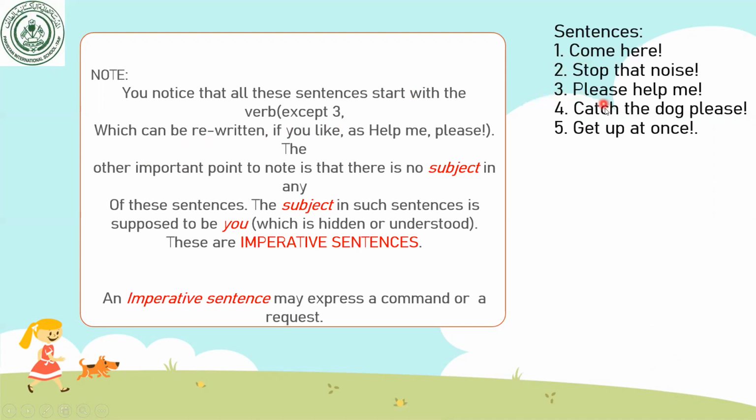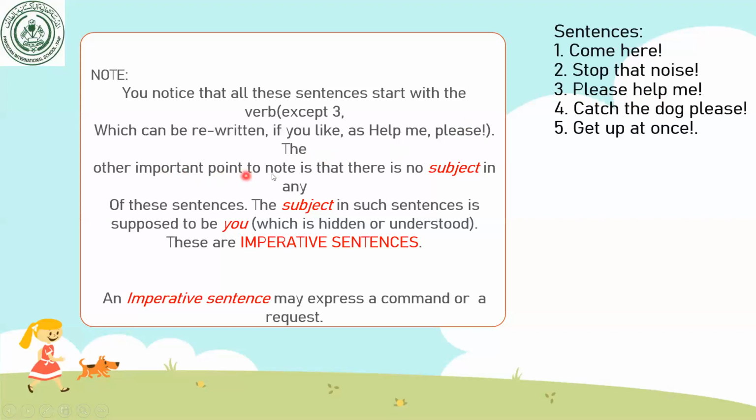Come is a verb, stop is a verb, catch is a verb, and get is a verb. All four start with the verb. But number 3 starts with the word please. It can be rewritten as: help me please.